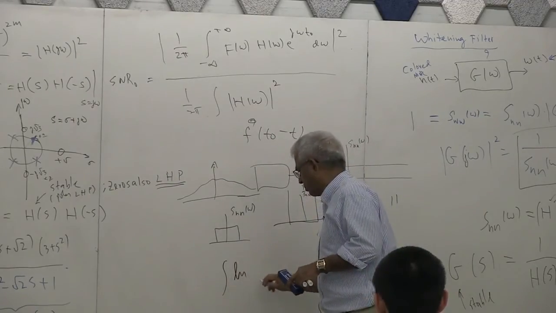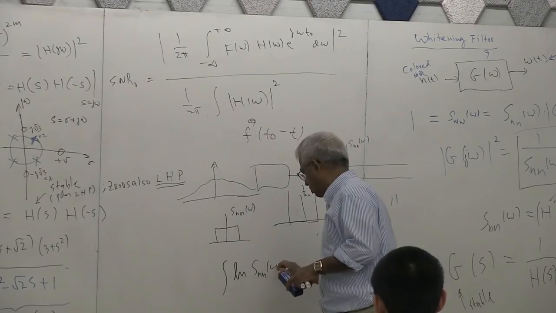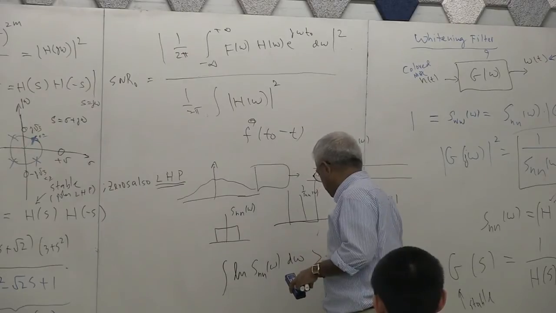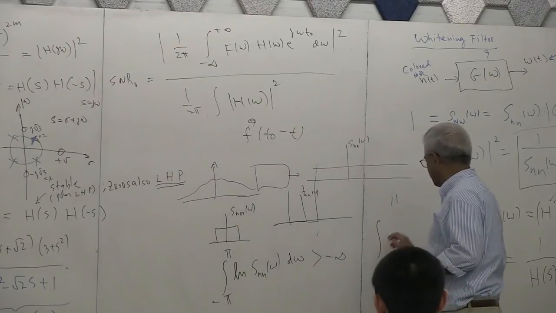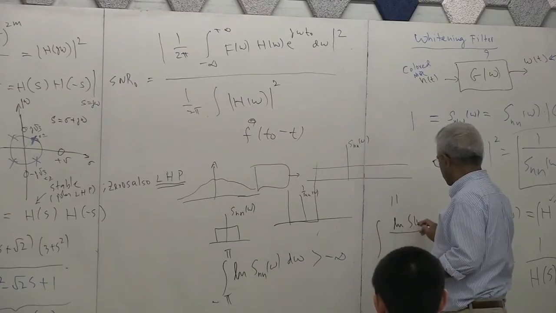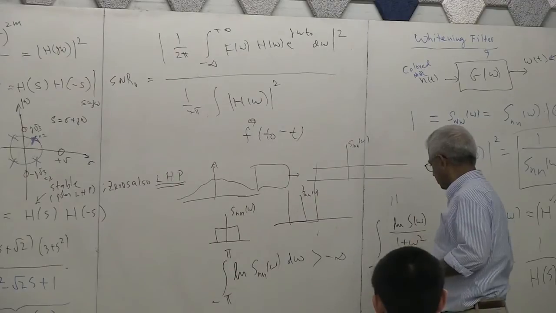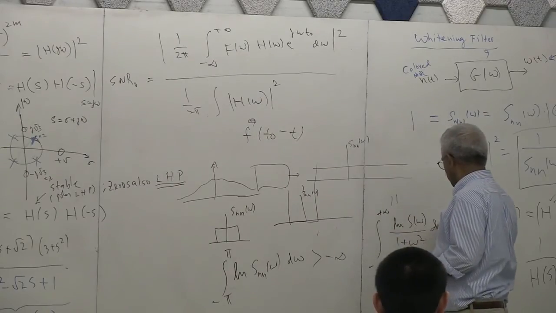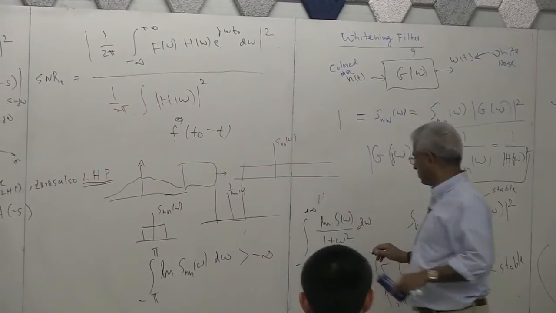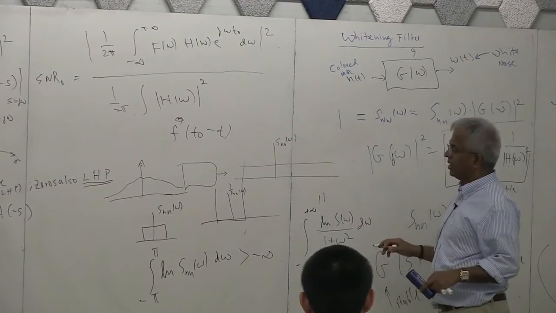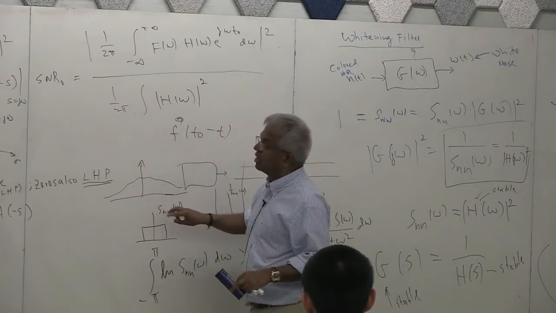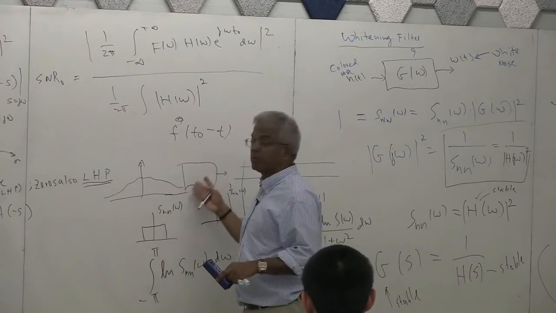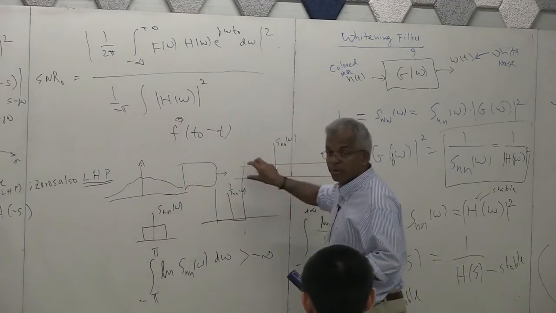If I remember, for at least discrete spectra, you need this condition to be satisfied, and for continuous spectra, it's something like this. In other words, if the power spectrum goes to 0 somewhere, then it cannot be factorized. You will not be able to find a filter which will do this job, complete whitening.